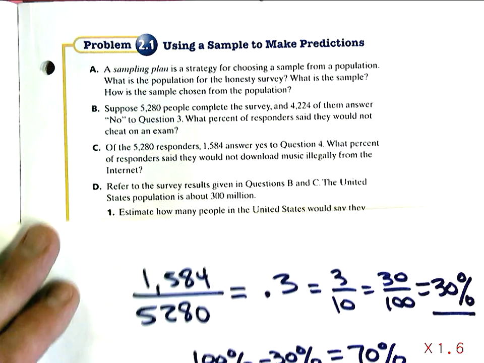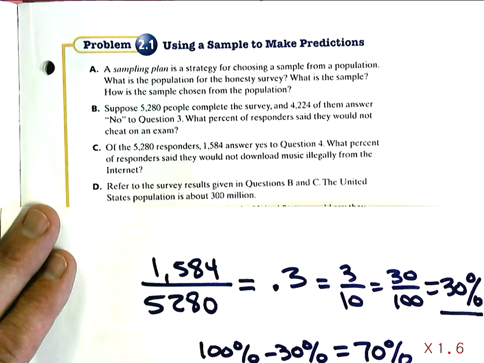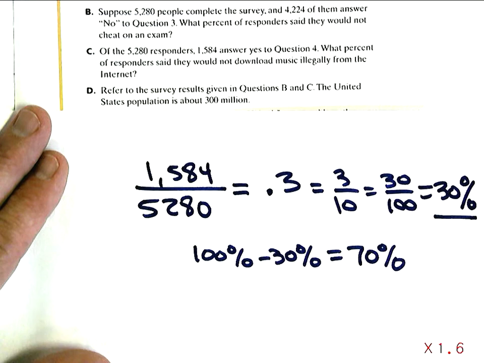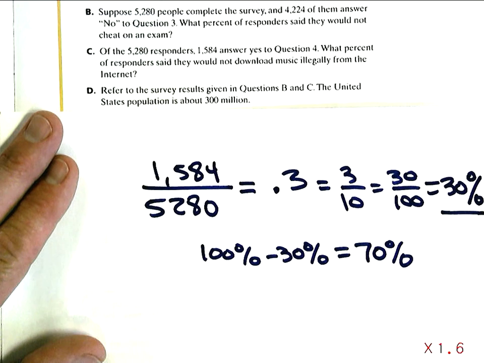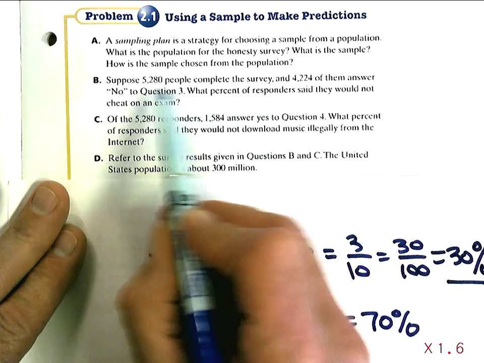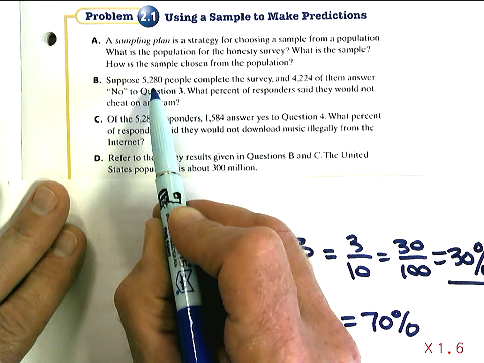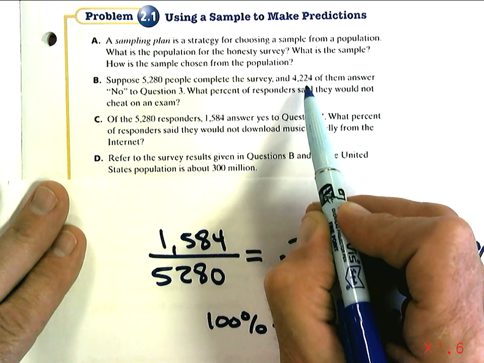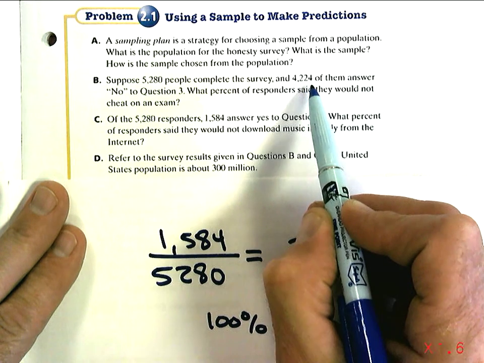And then if we move on to part D, now we're going to expand this data into what it represents for the whole population. So what we had here was a sample of 5,280 people. And we said this many would say no, 4,224.